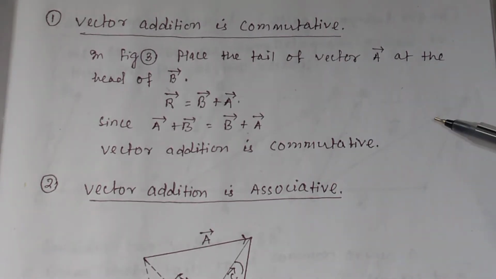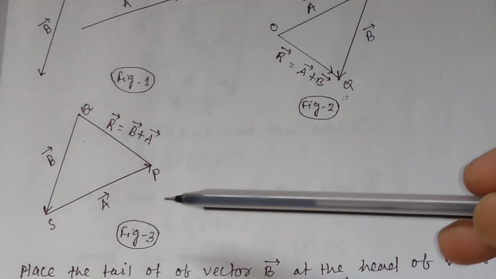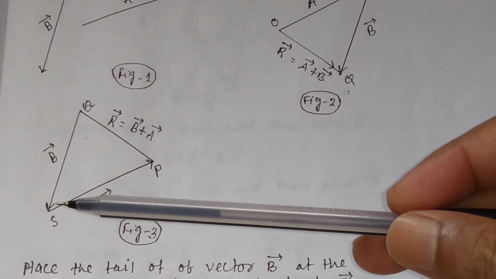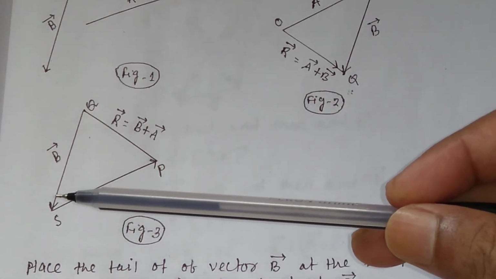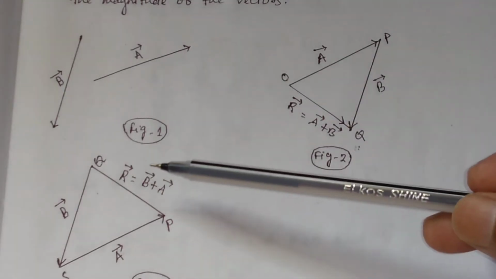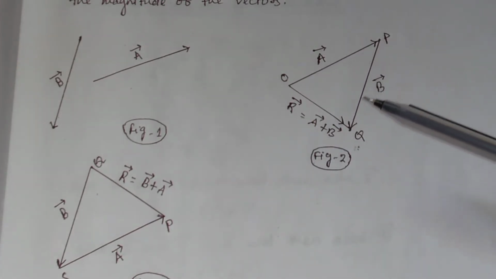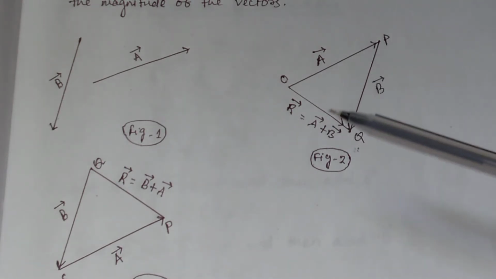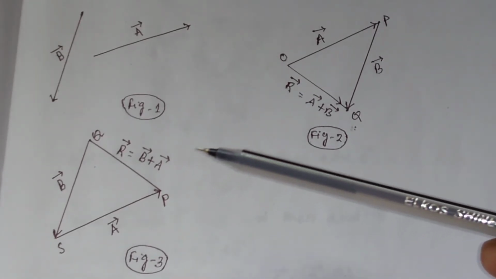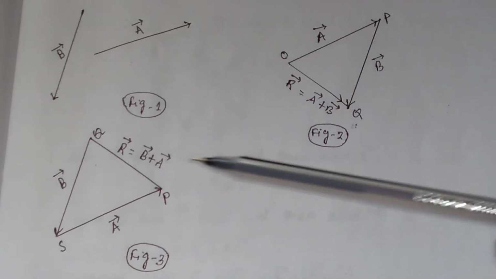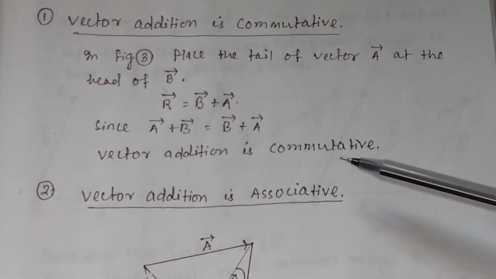In figure 3, place the tail of vector A at the head of vector B. You see in the figure, this is the tail of vector A and head of vector B. Then you will get the resultant vector R equal to B plus A. Previously you have shown graphically in figure 2 that R is equal to A plus B, and in figure 3 you have shown that R equal to B plus A. So A plus B is equal to B plus A. Since A plus B equals B plus A, vector addition is commutative.